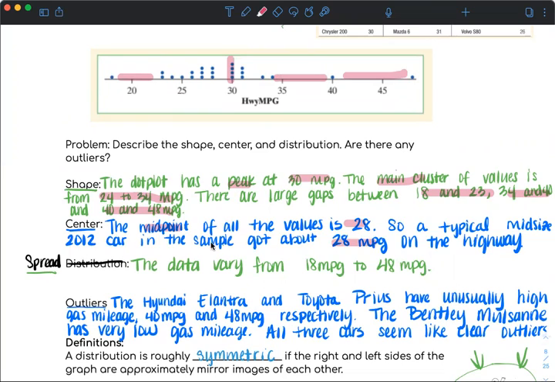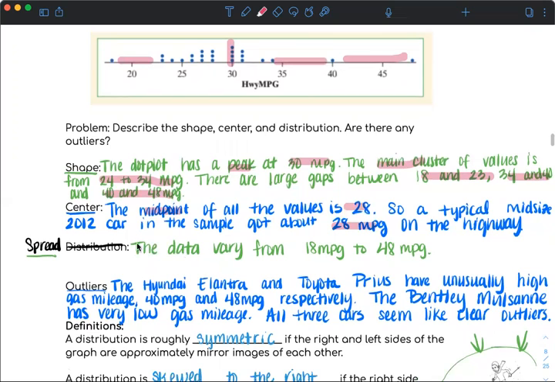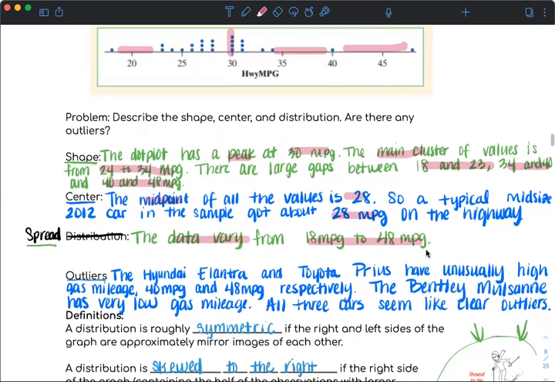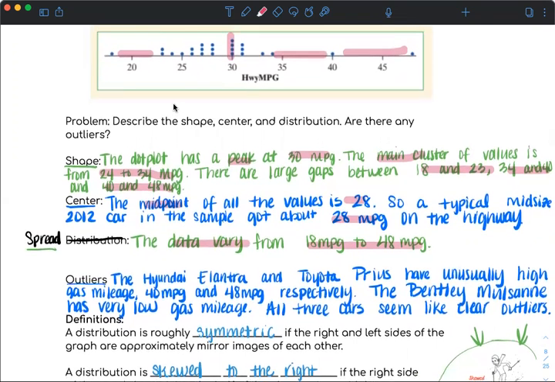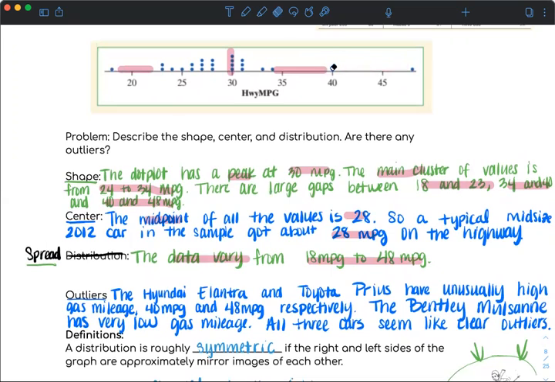It's really important to interpret this. It's not enough to just say the midpoint is 28. You have to follow up with, well, what does that midpoint mean? Every sentence that I have here is significant, so make sure that you're writing down everything. The spread: the data is varying from 18 miles per gallon to 48 miles per gallon. And then the outliers, graphically, it's easy to see, and we will have a more concrete definition as to what makes something an outlier.